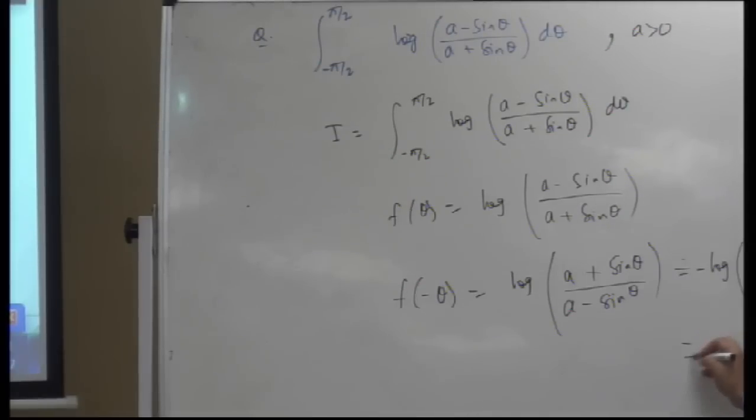This is actually minus f(θ). So f(-θ) is actually -f(θ) you are getting, and that means this is an odd function. You don't have to do any calculation. The answer is 0.